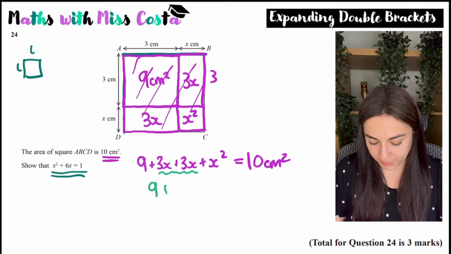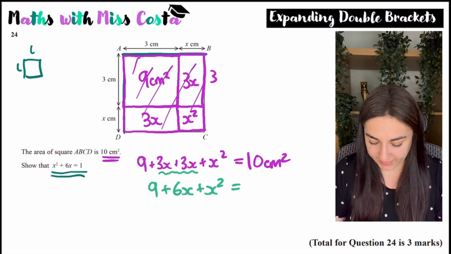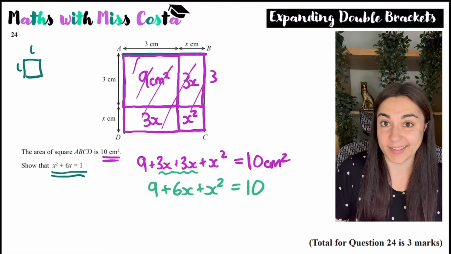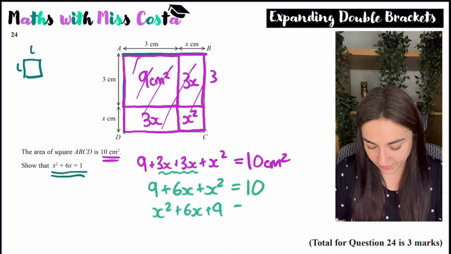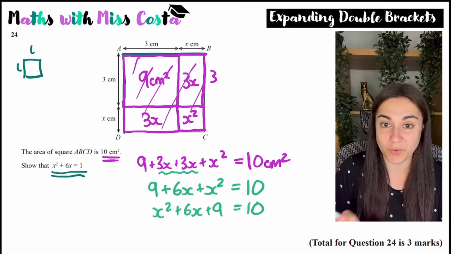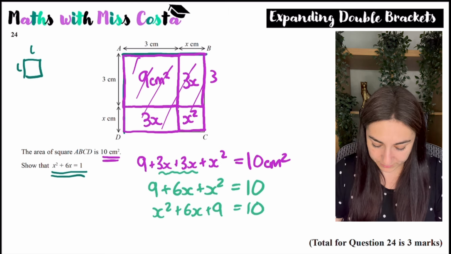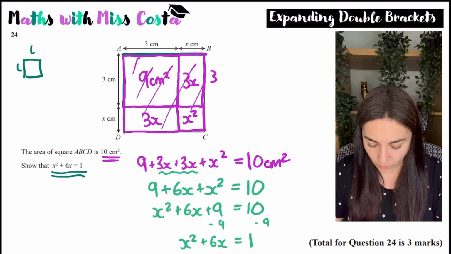So 3x plus 3x would be 6x. So 9 plus 6x plus x squared equals 10. And then I could rearrange it so that it's in order of powers. So x squared plus 6x plus 9 equals 10. All I've done is move them around so that they're in order. And now if I subtracted 9 from both sides, I'd be left with x squared plus 6x equals 1.